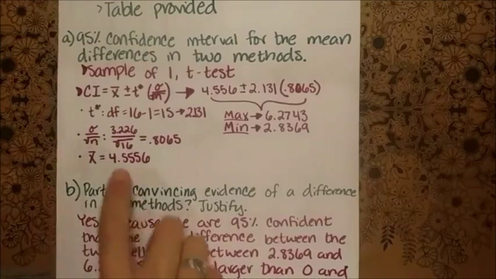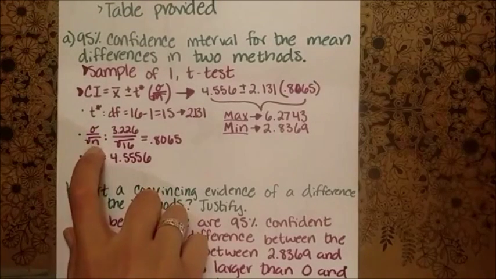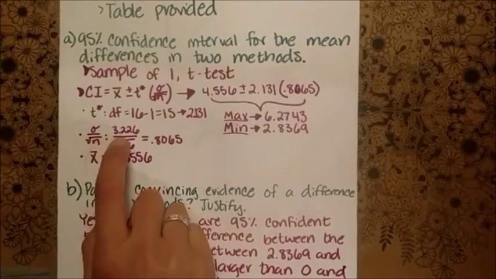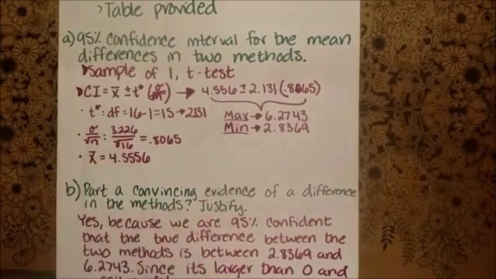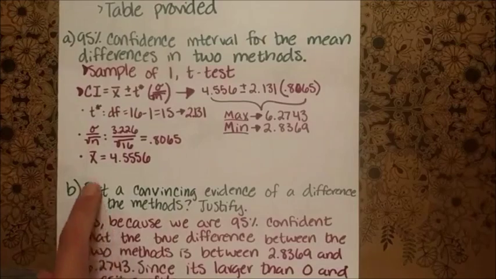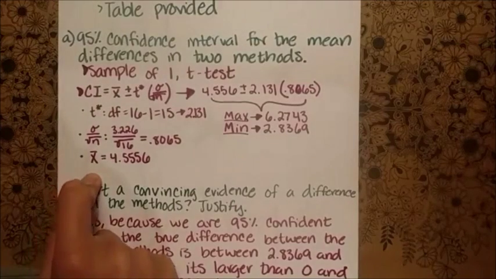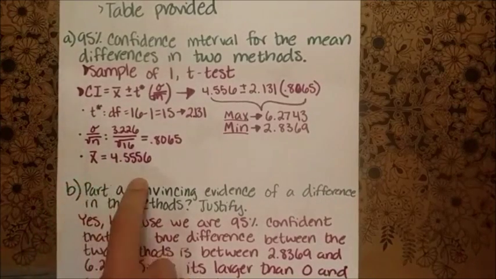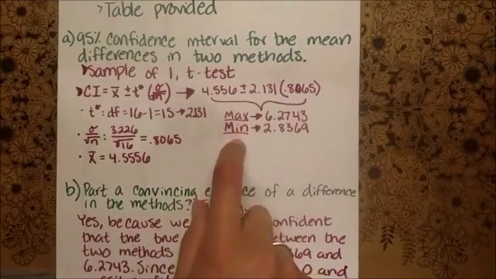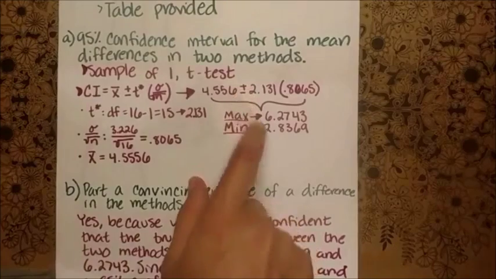And then the standard deviation, and obviously this is the sample size again, and the standard deviation you would get just by doing some basic math with the table. And then this is your mean that you would also get by doing basic math with the table. So then you plug that all into this formula, and you end up getting your max and your min, because you have that plus and minus right there.